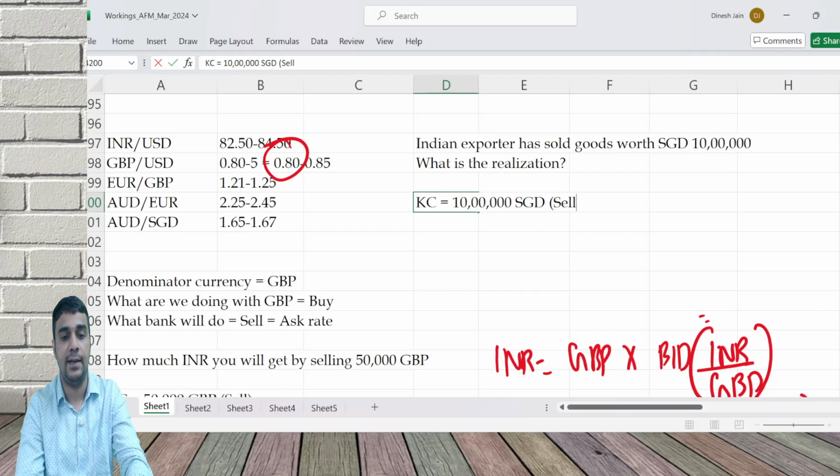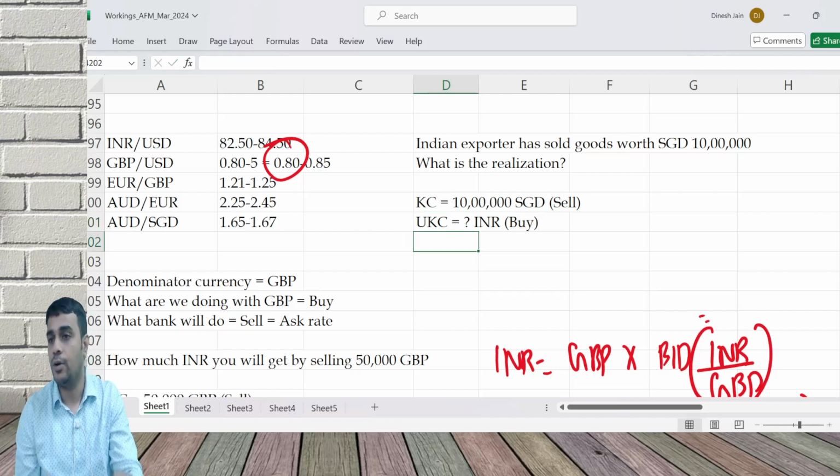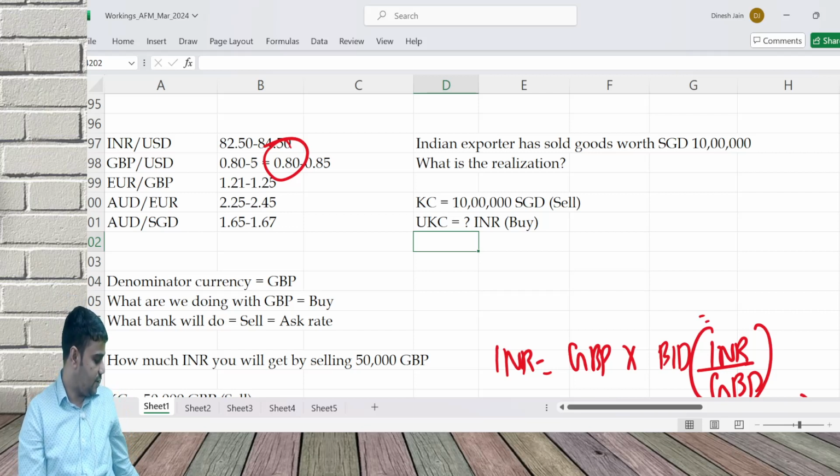So in bracket, sell. Unknown component in bracket, buy. Please do the expansion, everything. The quote may run through 5; you may break it into 5, I think here.